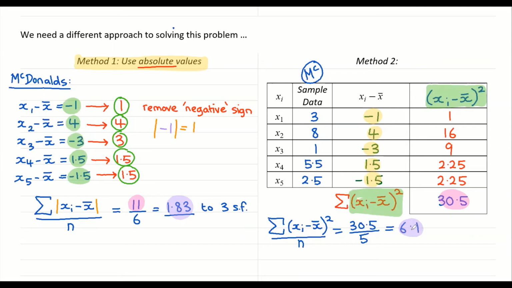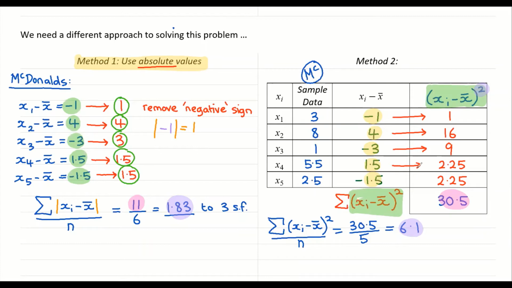Well, the problem occurred when we squared the numbers. Squaring makes the numbers much bigger in most instances, if the number is not a decimal between 0 and 1, or 1 itself. 4 becomes 16, minus 3 becomes 9, 1.5 becomes 2.25. The numbers are becoming far too big.